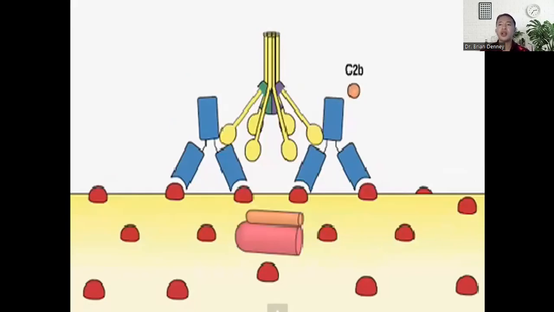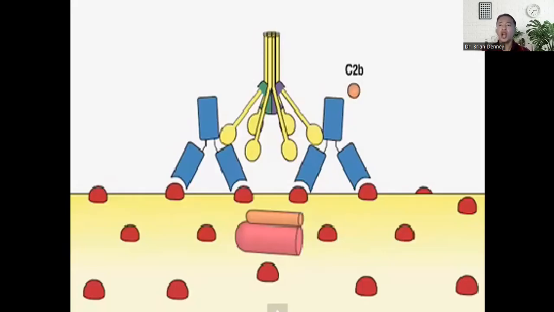Very good. Your magnesium ions. So the absence of your magnesium ions would not cause binding of your C2 molecules. Now, once bound, it becomes cleaved into C2A and C2B, which is the larger fragment. So this is the exception, no? C2A, which is the smaller fragment.